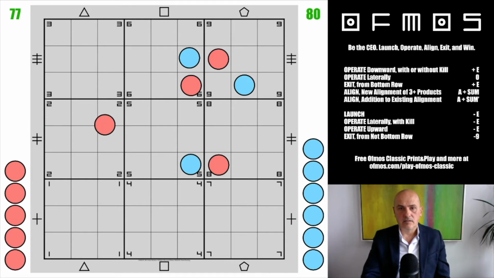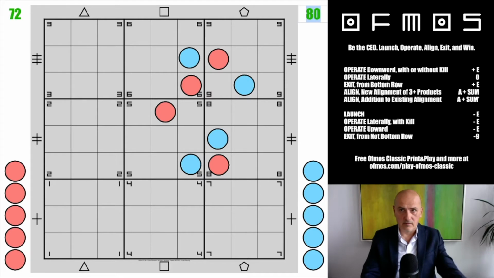Red goes in the 2-notch square environment. Requires payment of 5. This is 72. Blue pays 8, so that's 72 as well. Okay.